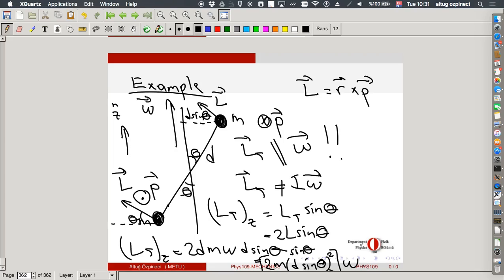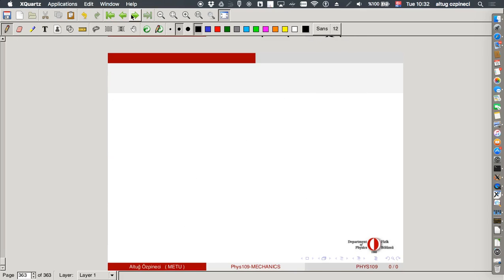So you see the z component, which is in fact the component in the omega direction, is always the moment of inertia for rotations around z times omega. So Lz is always equal to I times omega.